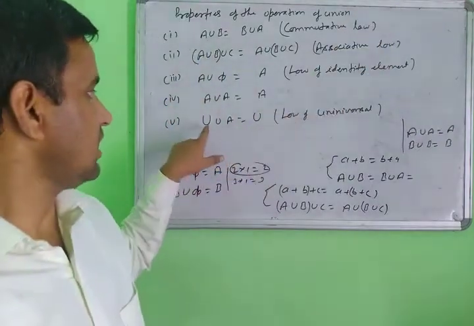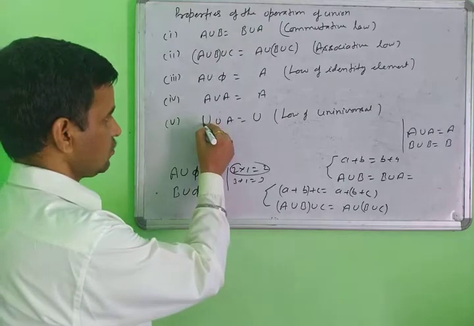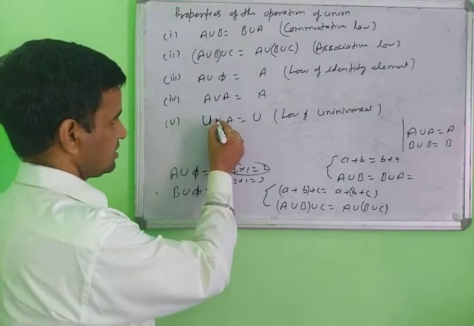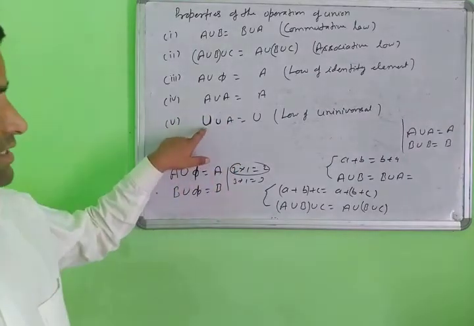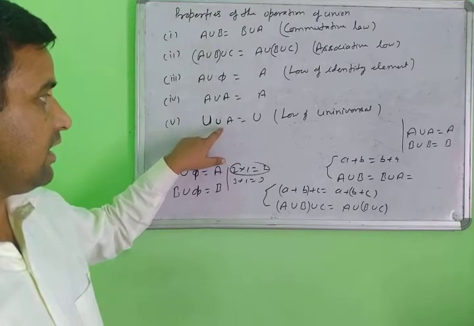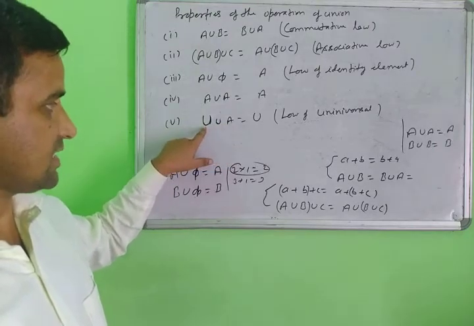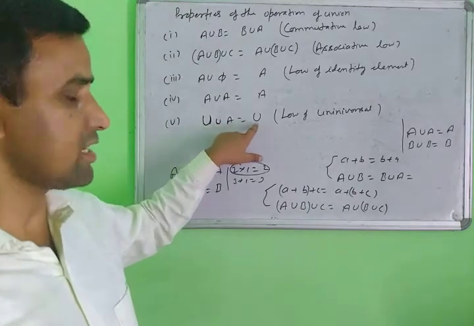Next and last, universal. This capital big symbol is the universal set, and this small symbol is the union. This is set A. When you add any set to the universal set, then you get the universal set.